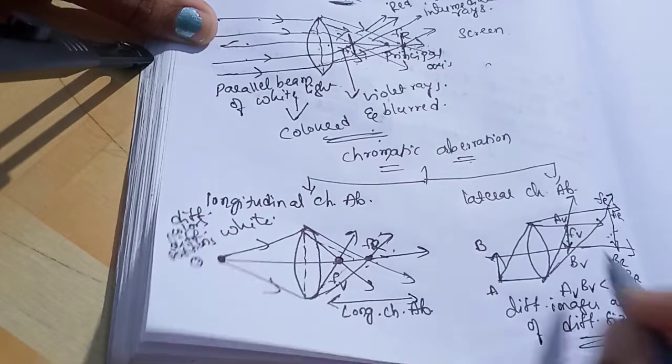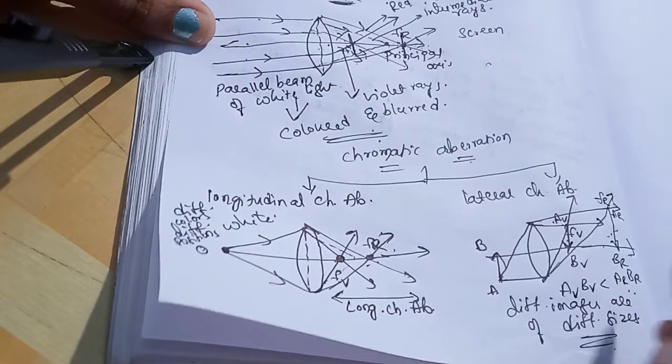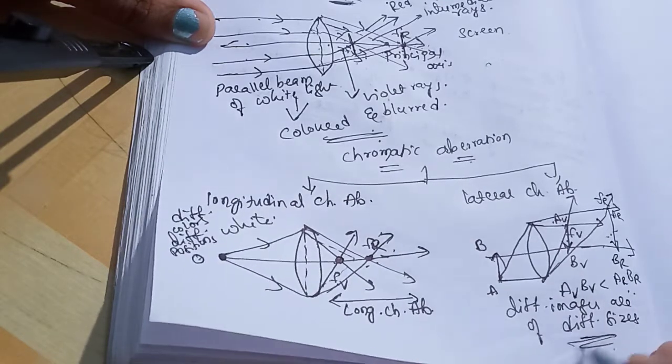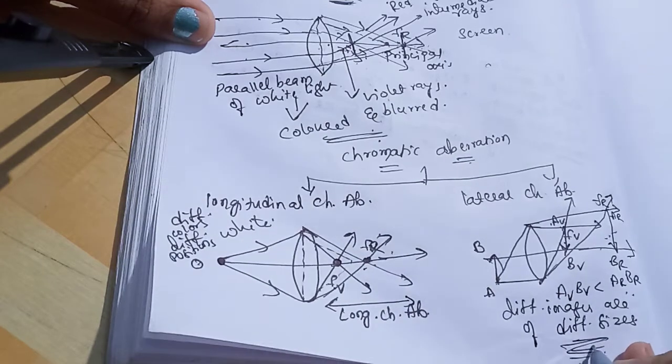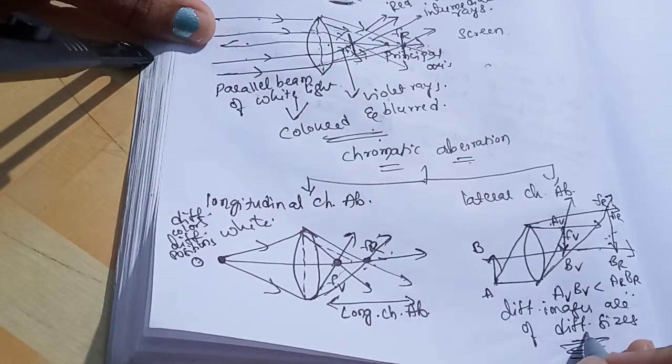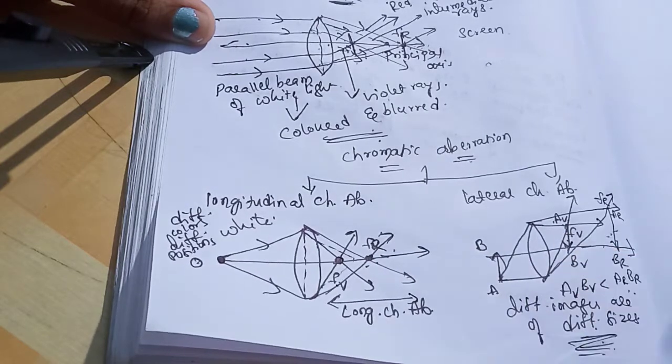That we call lateral chromatic aberration. The images of different colors being formed with different sizes, that we call lateral chromatic aberration.